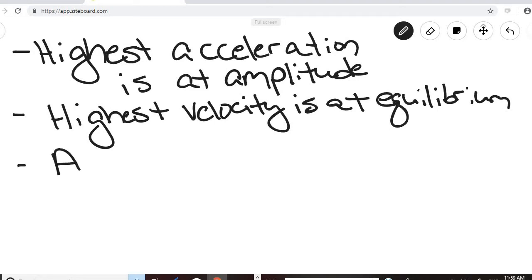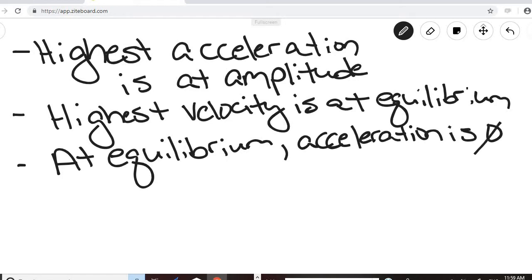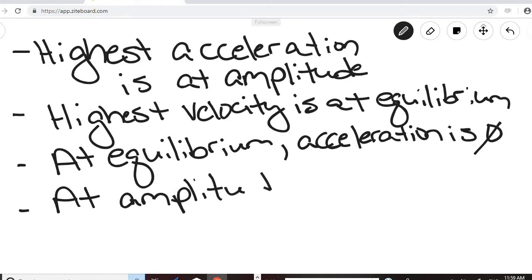At equilibrium, acceleration is 0. And at amplitude, the velocity is 0.